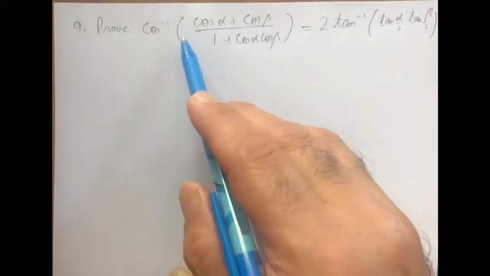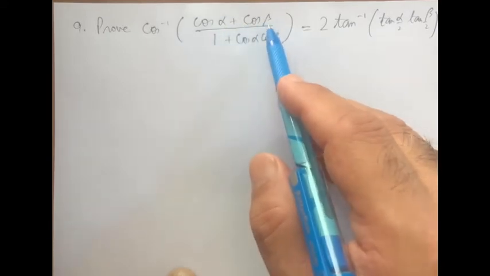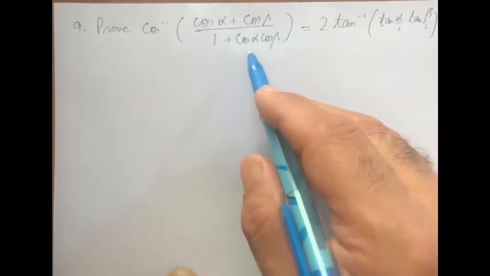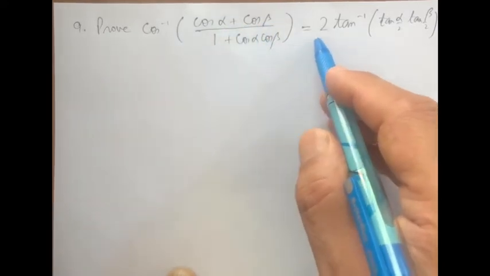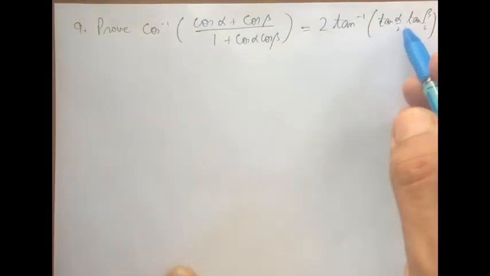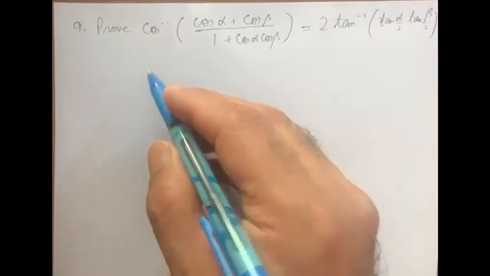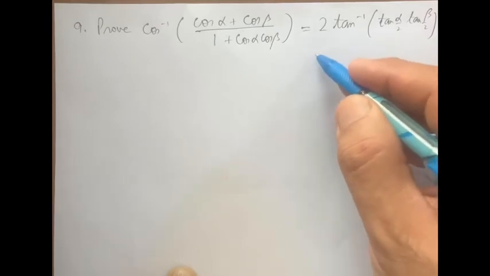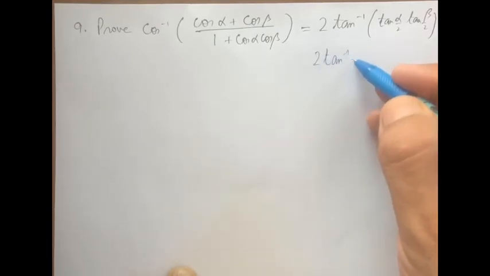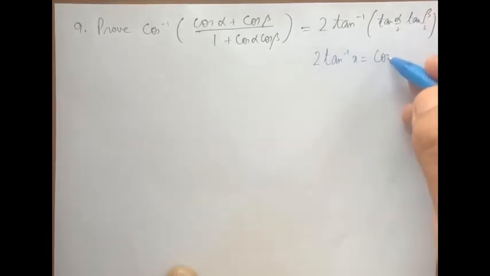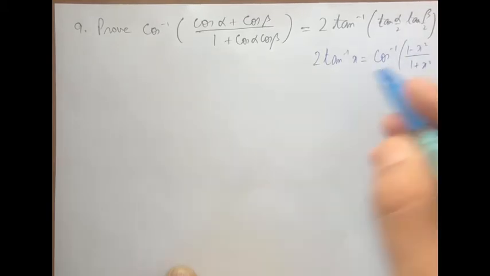We have to prove cos inverse of cos of alpha plus cos of beta upon 1 plus cos alpha into cos beta is 2 tan inverse of tan alpha by 2 into tan beta by 2. So we use this formula, 2 tan inverse of x is cos inverse of 1 minus x square upon 1 plus x square.